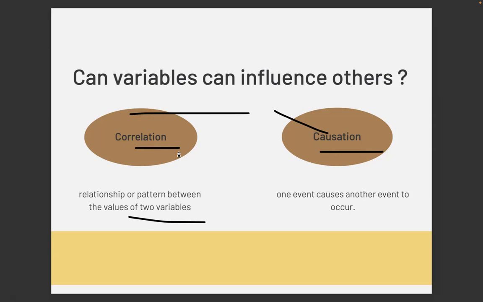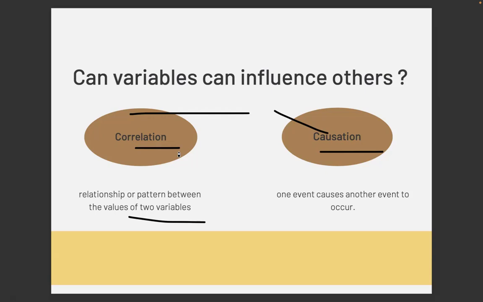There's no connection between these two events, no condition for one event to happen after the other. In correlation, it's just a relationship or pattern between the values of two variables.